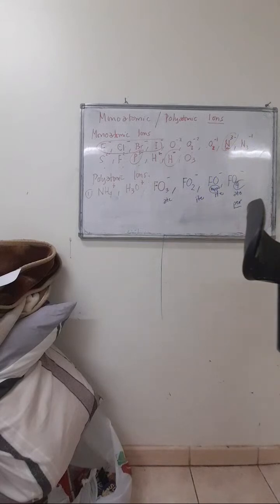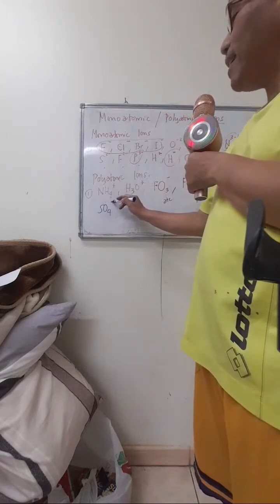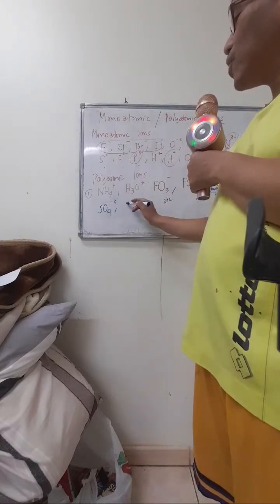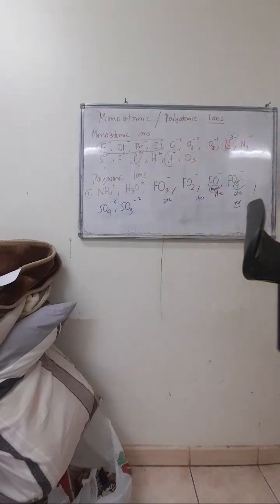Okay, so let's go to the sulfate thing. What do I mean by the sulfate thing? You are now having the sulfate. So, sulfate, SO4 negative 2, sulfite, SO3 negative 2. Here it's not the same, because you will never say persulfate just because there's 4 here.